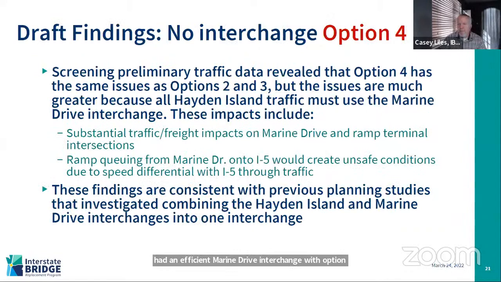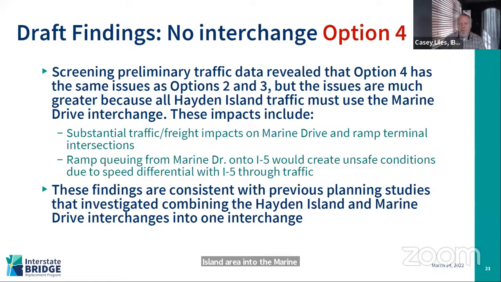And to give you a little bit more context as well, Brad will be showing a visual and walking through these options 1 and 5. So similar to options 2 and 3, because we had problems getting half of the traffic from the Hayden Island area into the Marine Drive interchange, we then considered adding all of the Hayden Island traffic into the Marine Drive interchange.